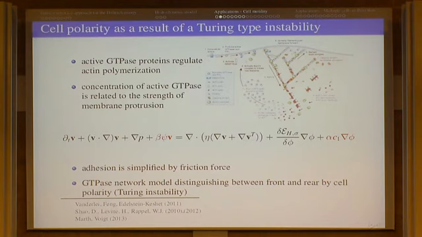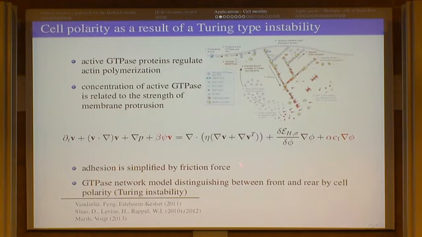And what we suppose is that these active GTPase proteins regulate this actin polymerization. We say that the concentration of these active GTPases is related to the strength of the membrane protrusion.